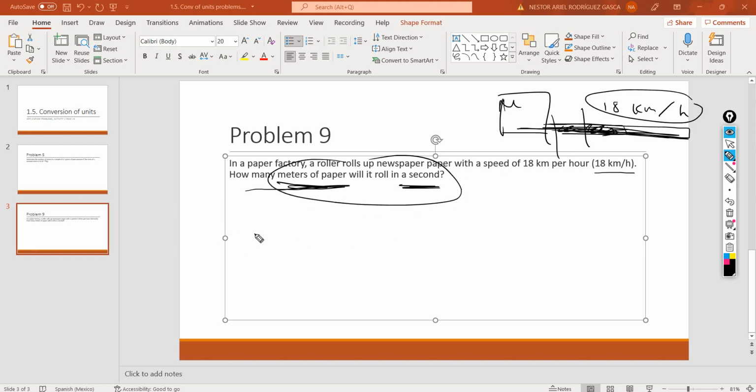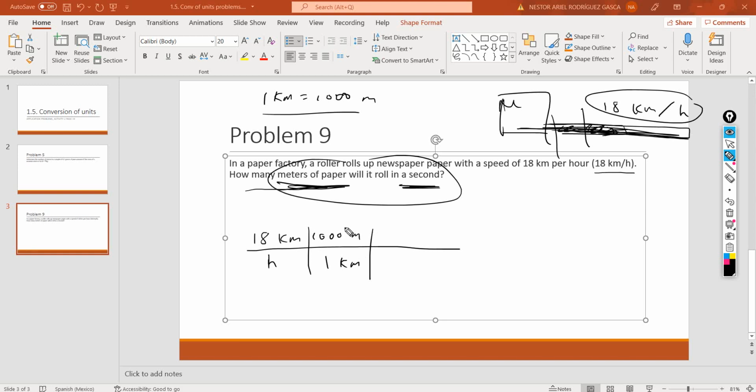So let's do it. You already know how to do this. 18 kilometers, we draw the structure per hour, and we multiply by convenient conversion factors. I need meters. I need to cancel kilometers, and I need to get meters. So I know that the equivalence is this one. 1 kilometer equals 1,000 meters, and I'm going to write this as a conversion factor in here. 1 kilometer, 1,000 meters. This conversion factor will allow me to cancel this one.